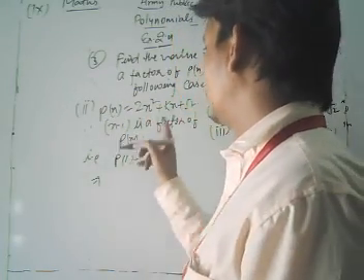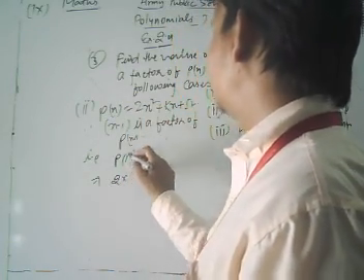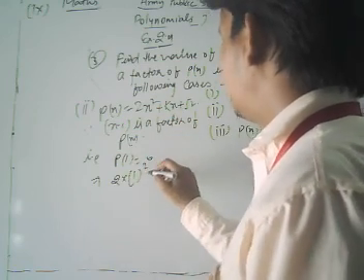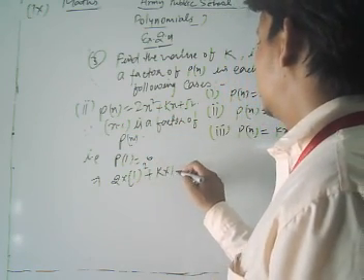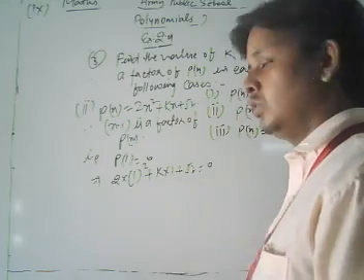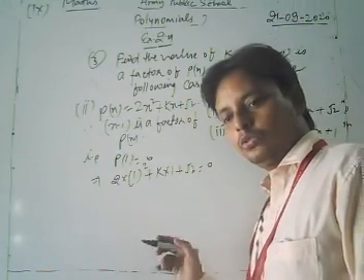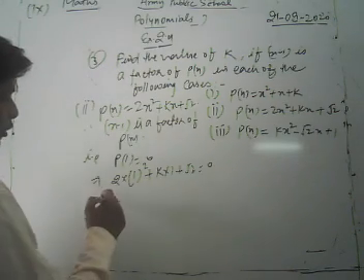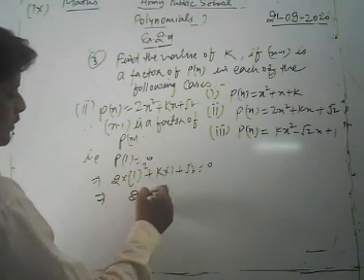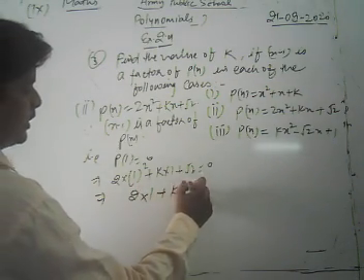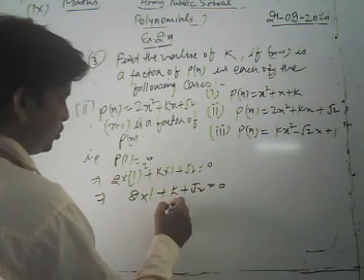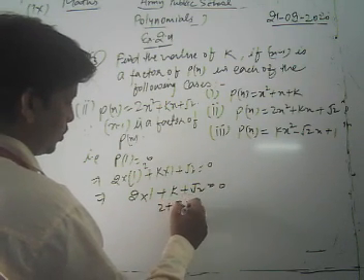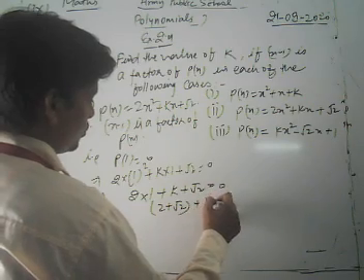According to this polynomial, we get 2 into 1 square plus k into 1 plus under root 2 is equal to 0. Now we get 2 into 1 is 2, plus k plus under root 2 is equal to 0. So 2 plus under root 2 plus k is equal to 0.